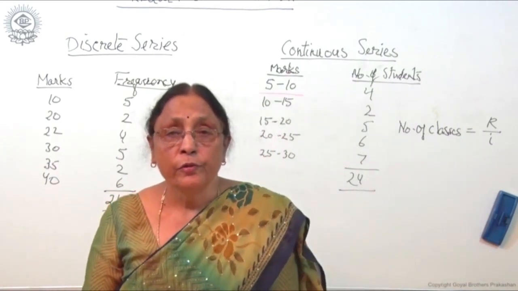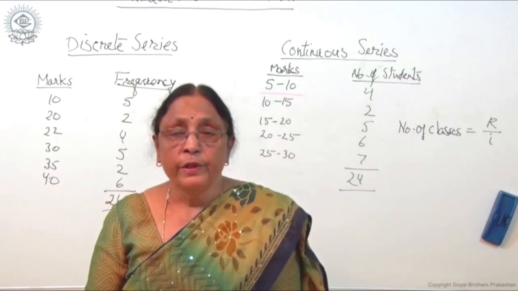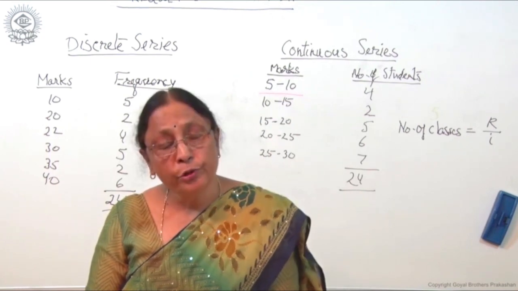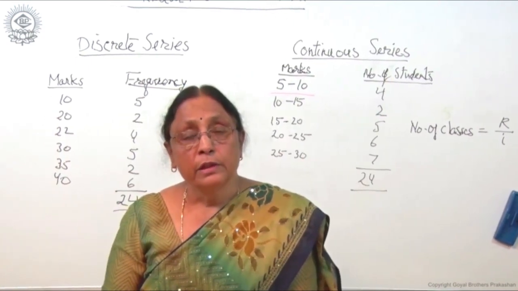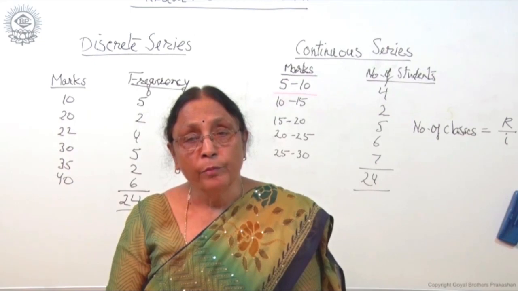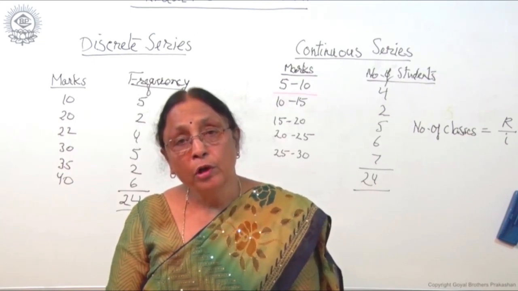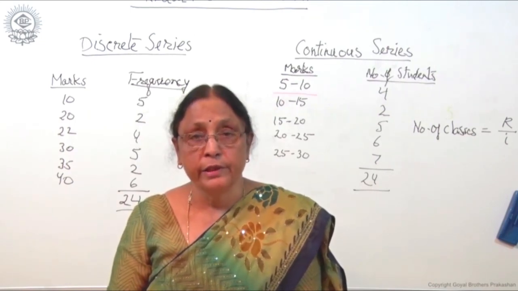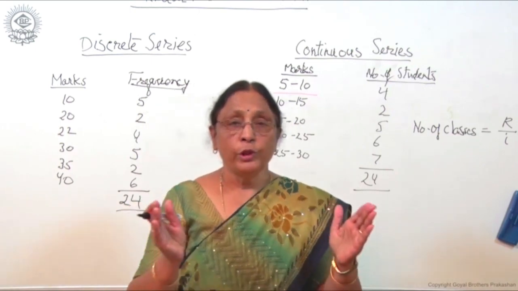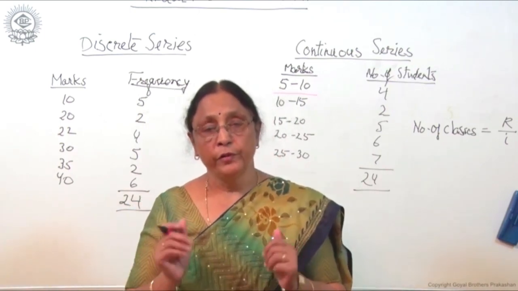R is the range. That means what is the range of data, and how do we decide the range? This is the minimum number or the lowest data, and on the other side the highest data. The difference between the lowest and highest data gives you the range.